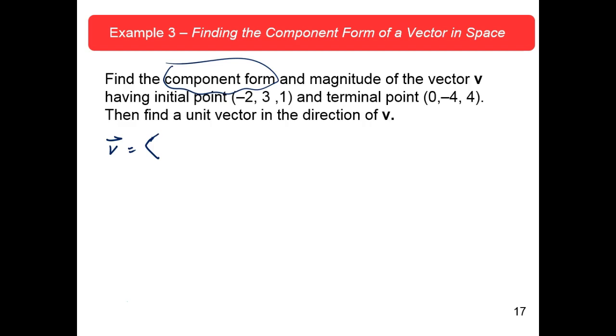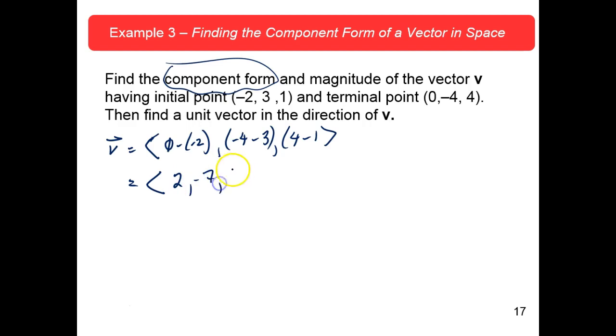It's not that hard. 0 minus a -2, comma, -4 minus 3, comma, 4 minus 1. Close. And that would be 2, -7, 3. Done. Pretty easy.